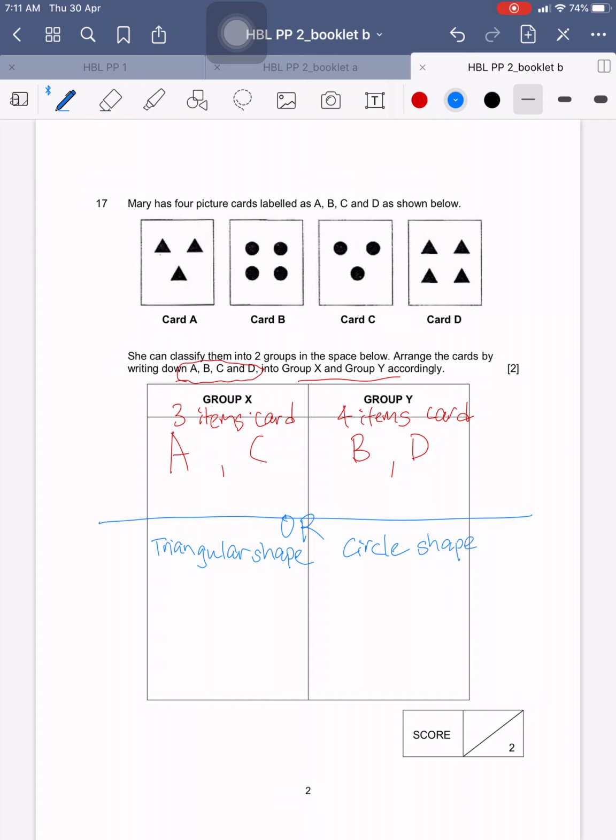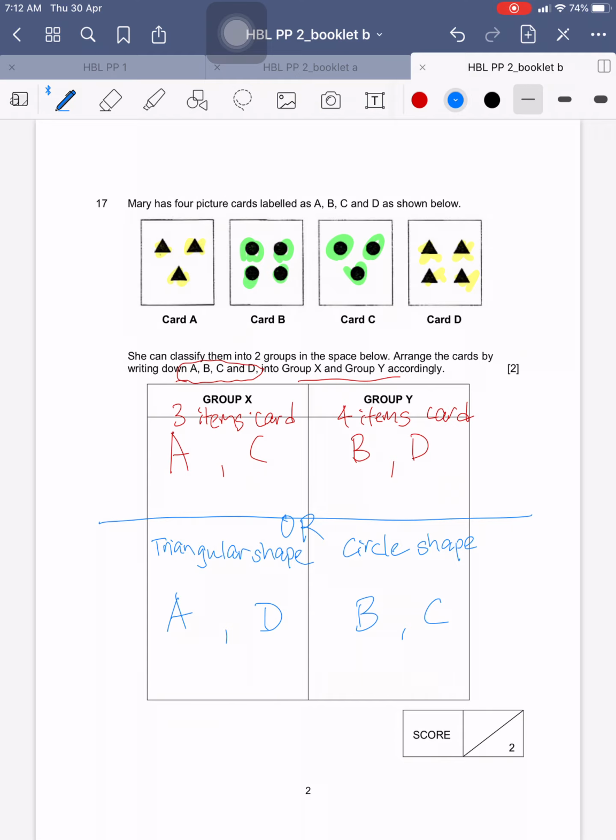Okay, so which are the cards with the triangular shape? We have this, and we also have this. So we can put A and D. And for the circle shape, basically will be B and C. Okay. So these are the 2 different answers that you can write down.